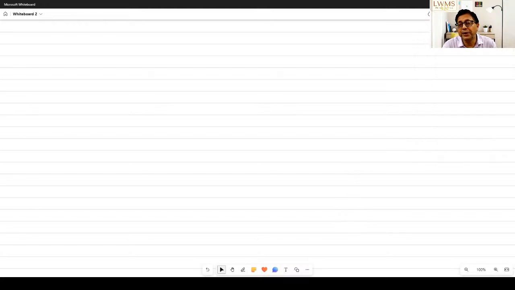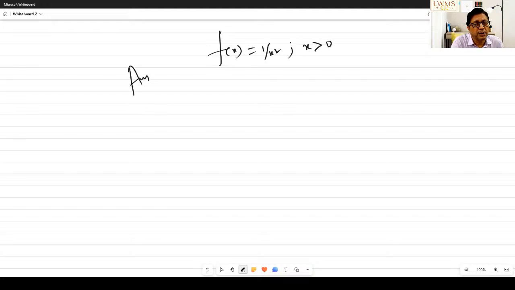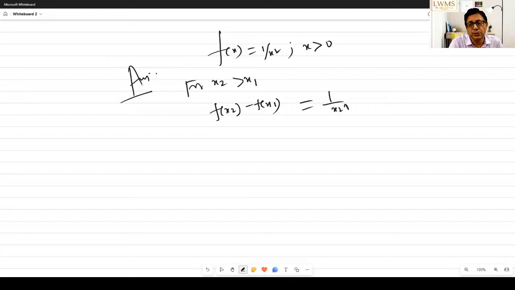So you are doing it for f(x) equal to 1 by x square for x greater than 0. You can state it this manner, for x2 greater than x1, f(x2) minus f(x1) equal to 1 by x2 square minus 1 by x1 square.